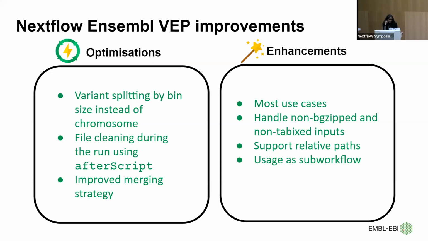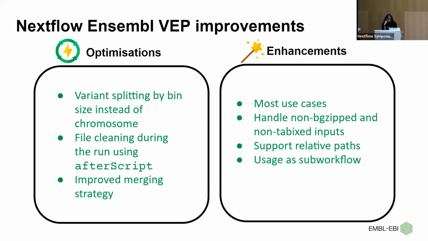So we used afterScript to remove those files as the process was happening. And for the merging step, we initially used BCFtools, but it turned out that there was a strategy using Linux sort, which was better in terms of speed. So we improved the merging strategy with that.